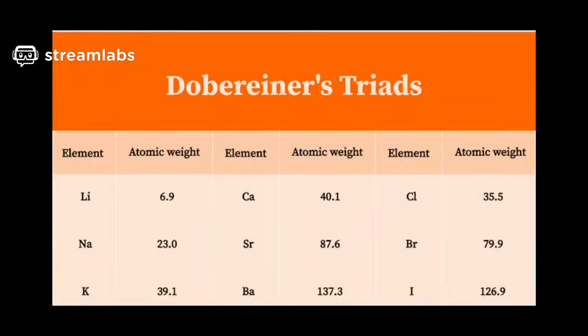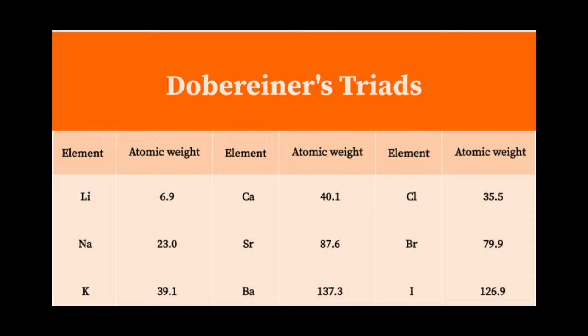Look at the first example: lithium, sodium, potassium. And look at the masses, 6.9, 23 and 39. Just add the first and third and take the average, and it is almost equal to the middle one, and this is the triad rule.